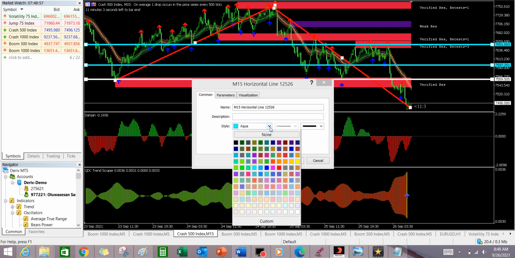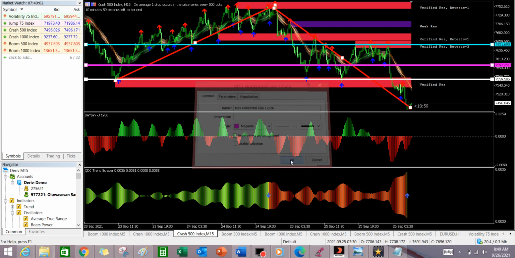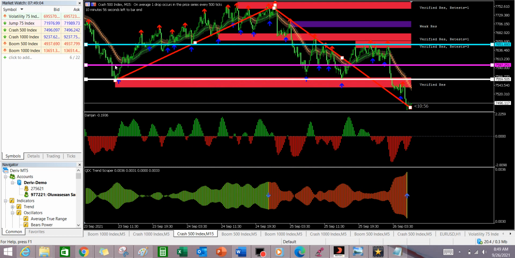I'm going to use this magenta line for that. That way you will be keeping the profits within this magenta line and the white line, and the only profit that is exposed to the market is the one between the magenta line and the aqua blue line.